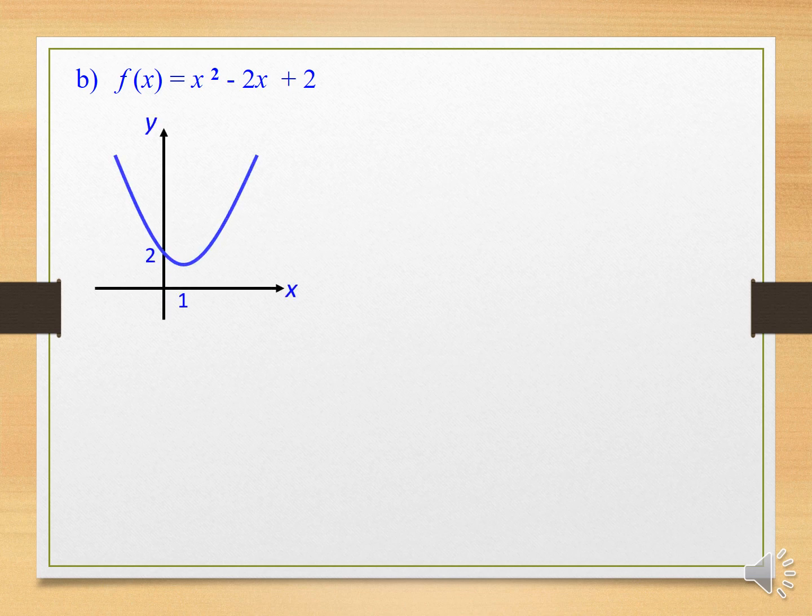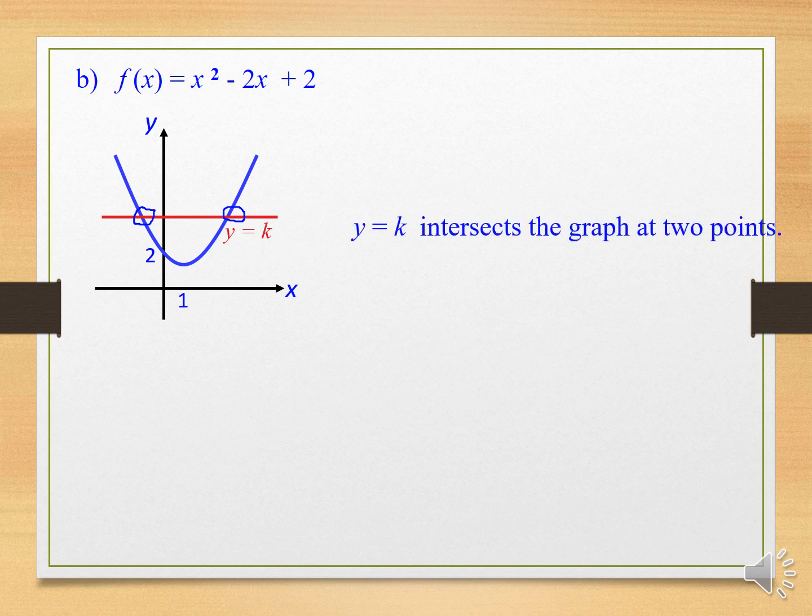Question B. f(x) equals x squared minus 2x plus 2. This is the graph of this function. This is not a one-to-one function because by using the horizontal line test, we get two intersection points of the horizontal line and the graph. f is not a one-to-one function.